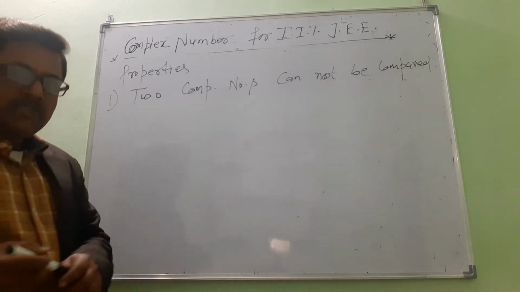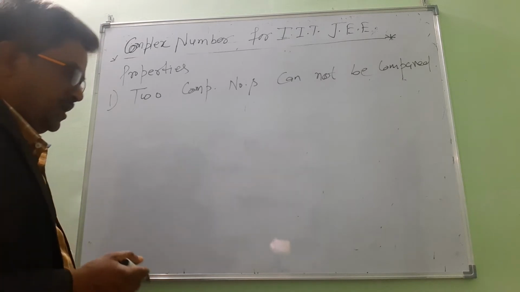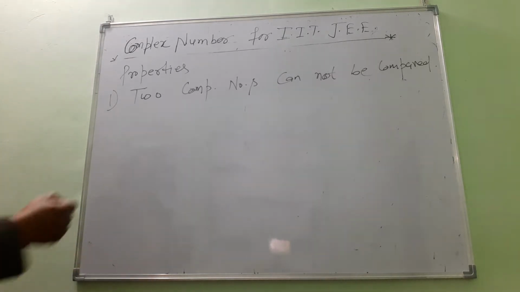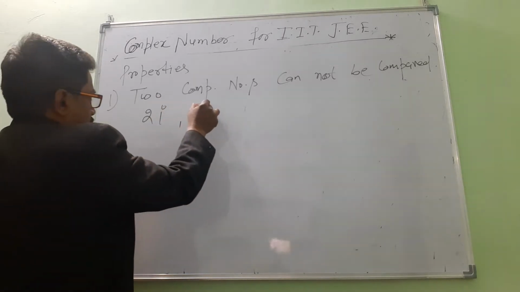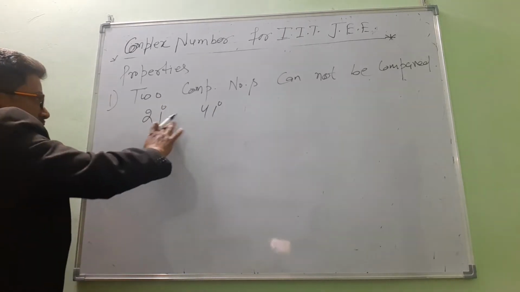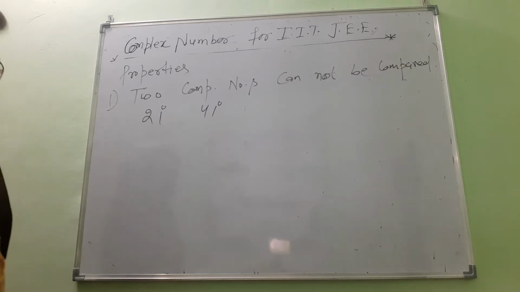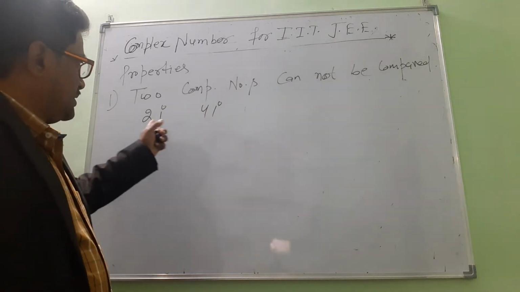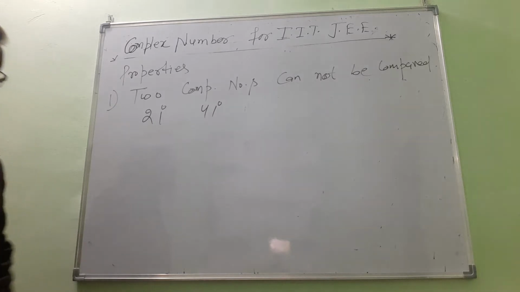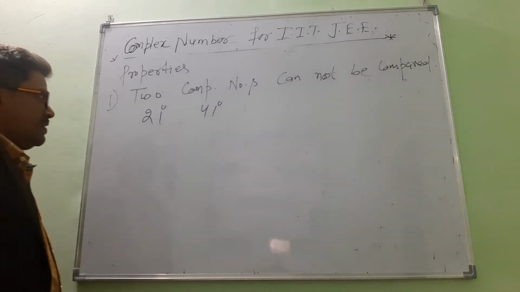As I asked you, I put a question for you. Which is greater, 2 iota or 4 iota? Which one is greater of both? Many students will answer very quickly that 4 iota is greater and 2 iota is lesser, but this is a wrong answer.